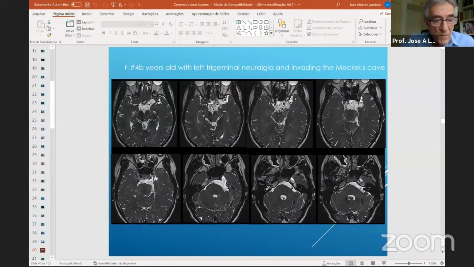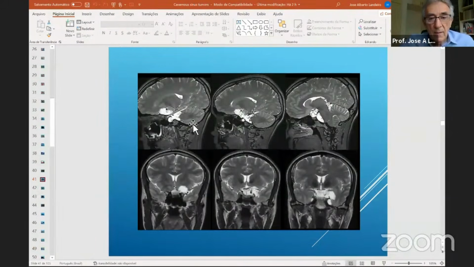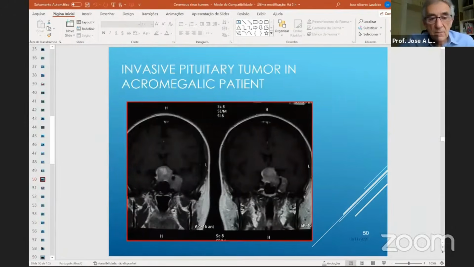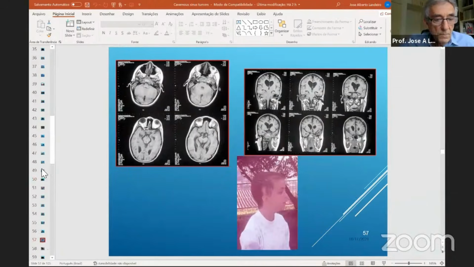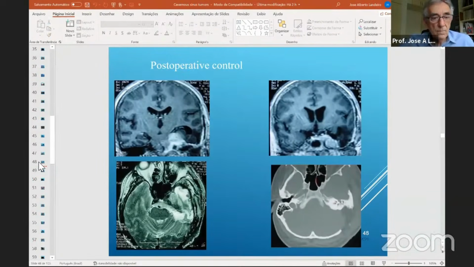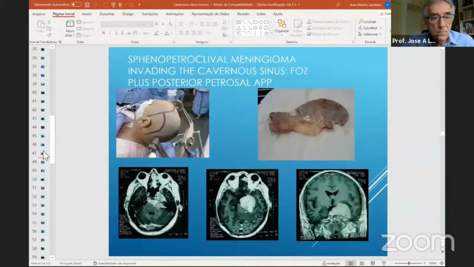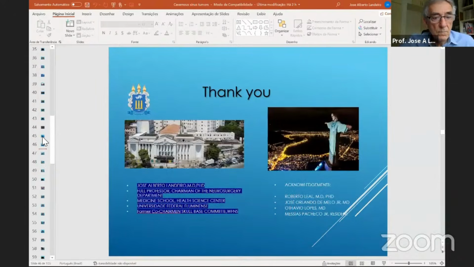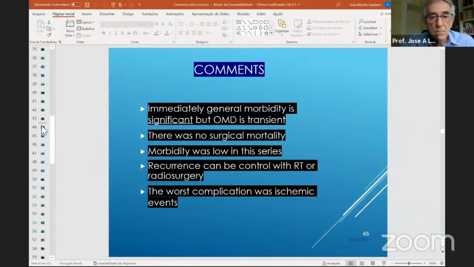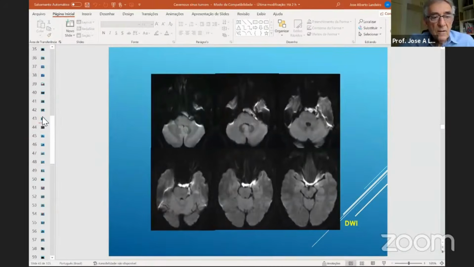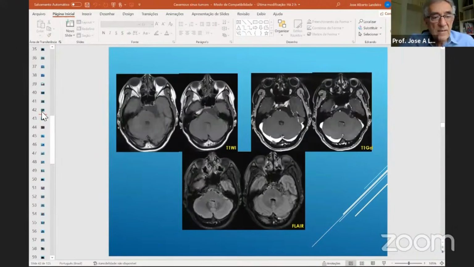Look at the tumor. I did the Kawase approach in this tumor, in the FOZ approach.